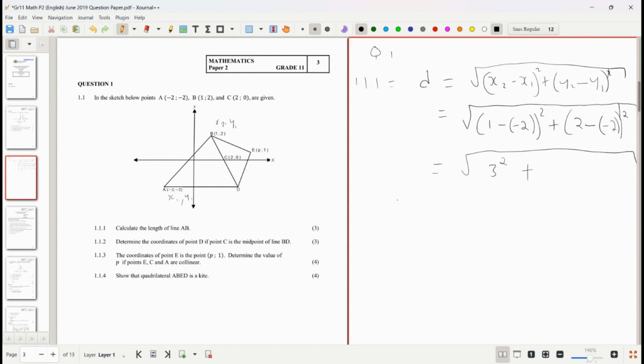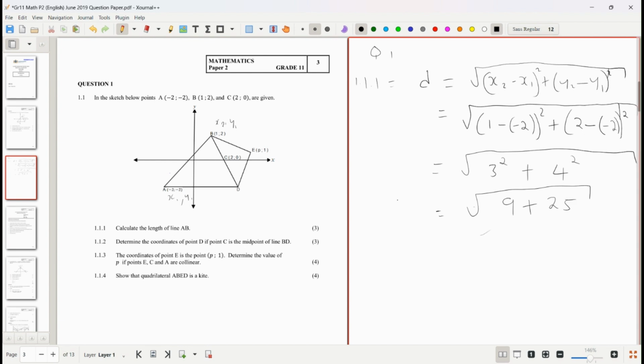So 2 plus 2 is 4. So we have 4 squared. And then we simplify further. We have 9 plus 4 squared.